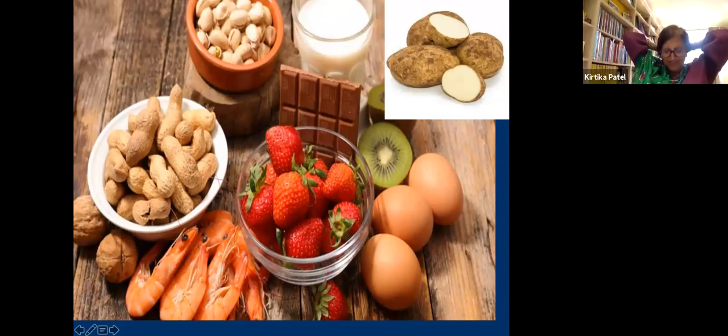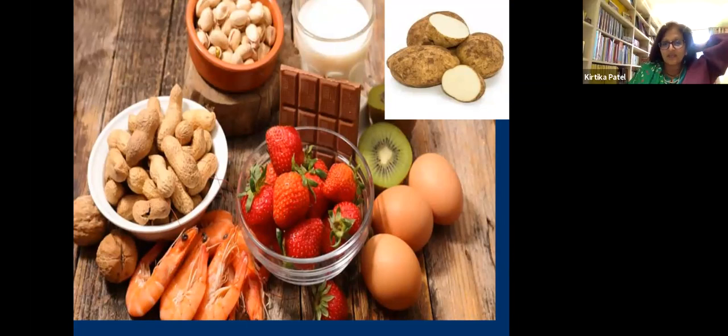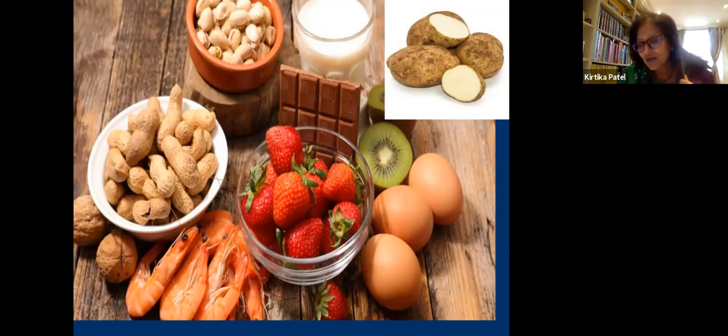You are wondering, this innocent looking potato, how can it cause an allergy? So I did a master's at Imperial College. I just finished last year. And my thesis was on pollen food syndrome, if it has any relationship with IBS.